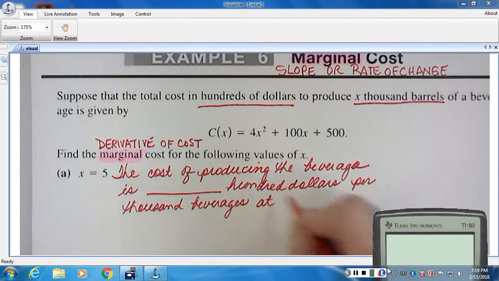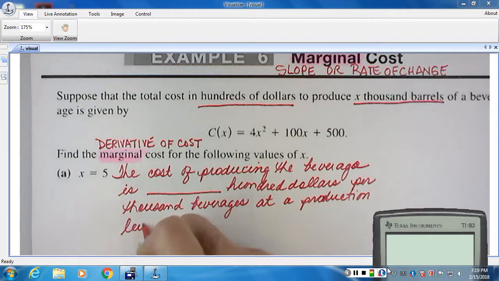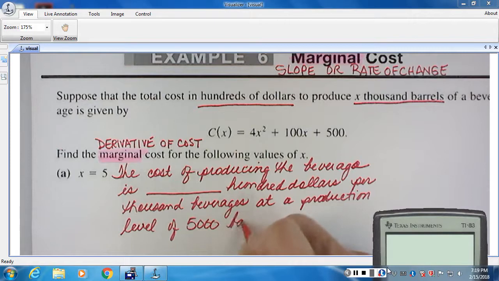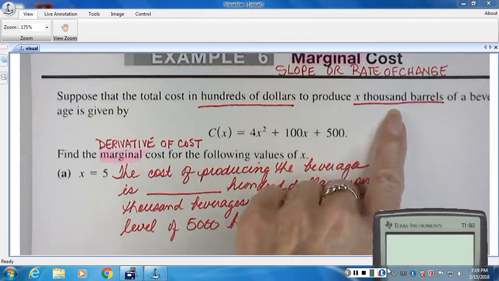at a production level of 5,000 barrels. And we know it's 5,000 barrels because X is 5, and X represents the number of thousands of barrels.